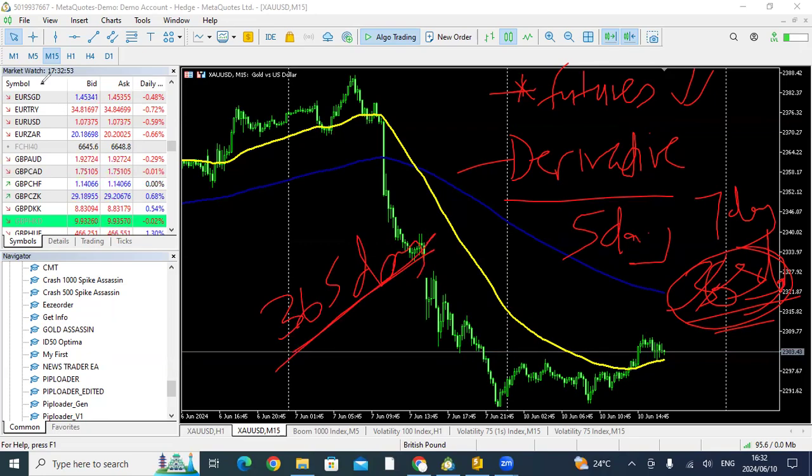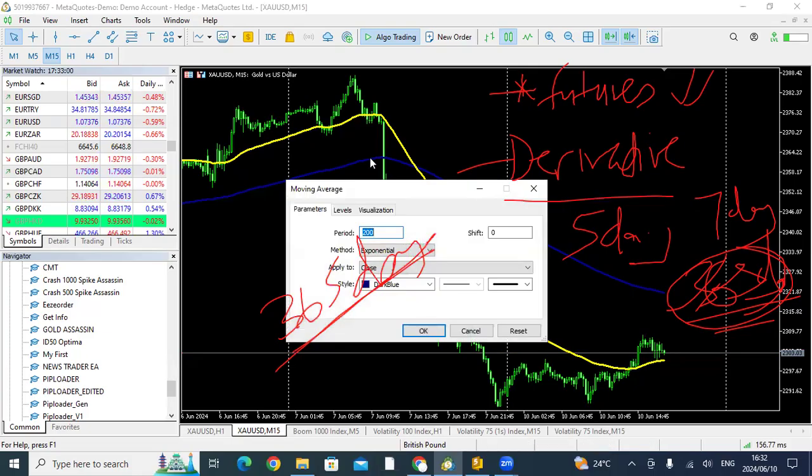If you can see here, I have plotted the 200 moving average. I'm going to change that into the 365 moving average.